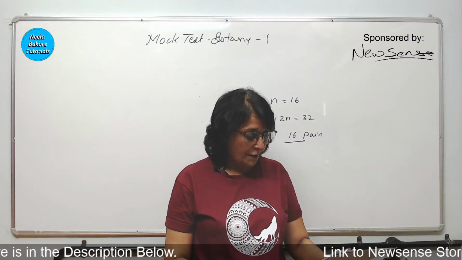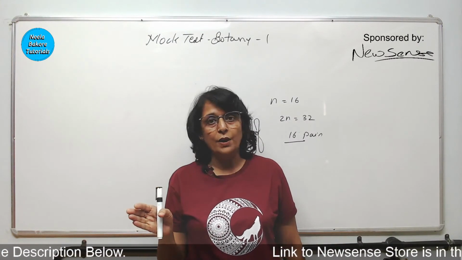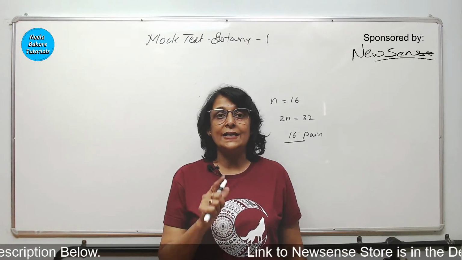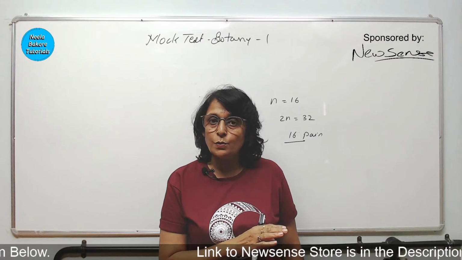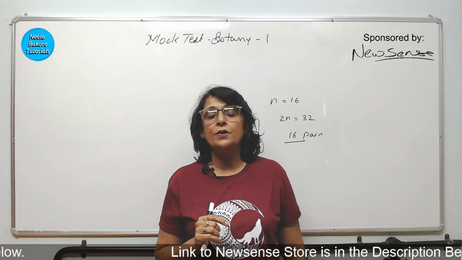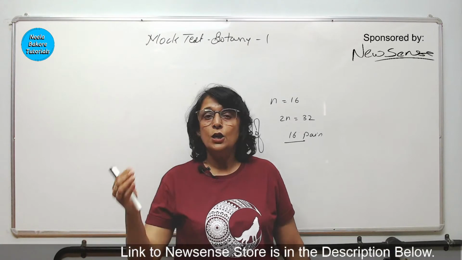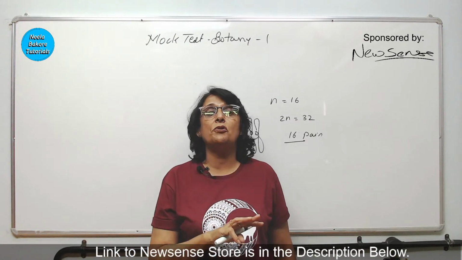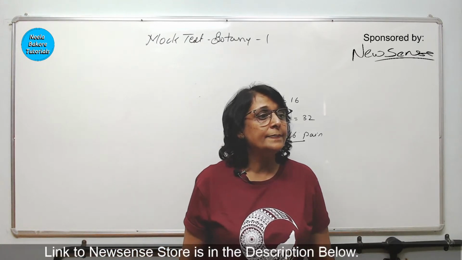Okay. Fifth question is mitochondrial DNA and nuclear. Mitochondrial DNA is circular. Mitochondrial DNA is not associated with histone, and mitochondrial DNA has more CG pairs as compared to nuclear. So, it differs in all these three parameters from the nuclear DNA. Okay?